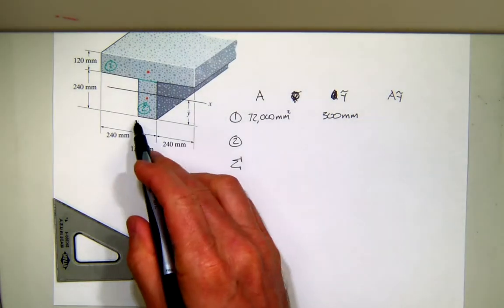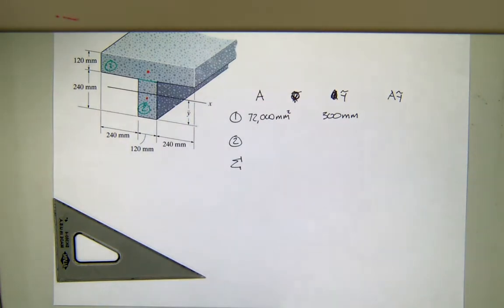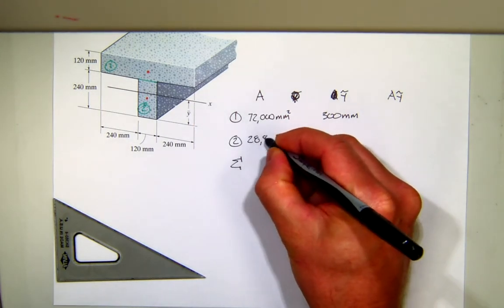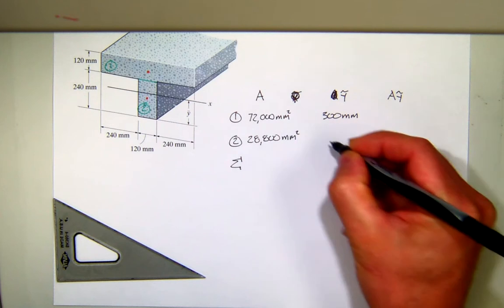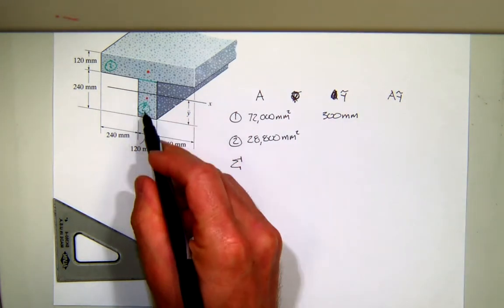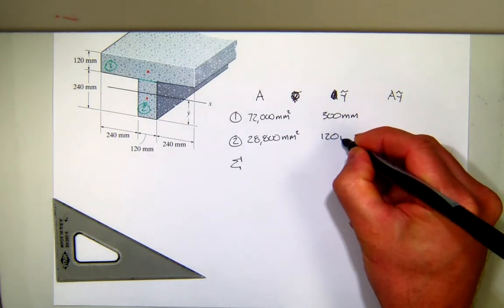And then area 2 is 120 by 240. That's 28,800. And that will be millimeters squared. And the distance from our reference point to its centroid is half the distance, which is half of 240, which is 120.